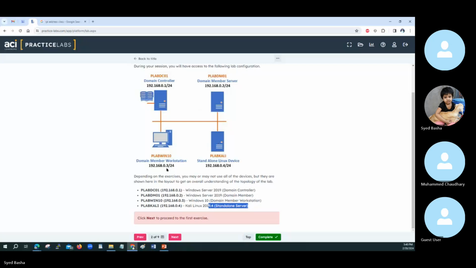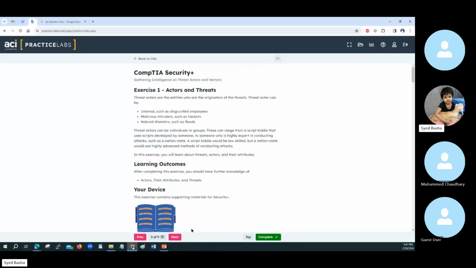Is it clear, brother? So this is the topology, which goes for most of the labs, and then we go to the next.